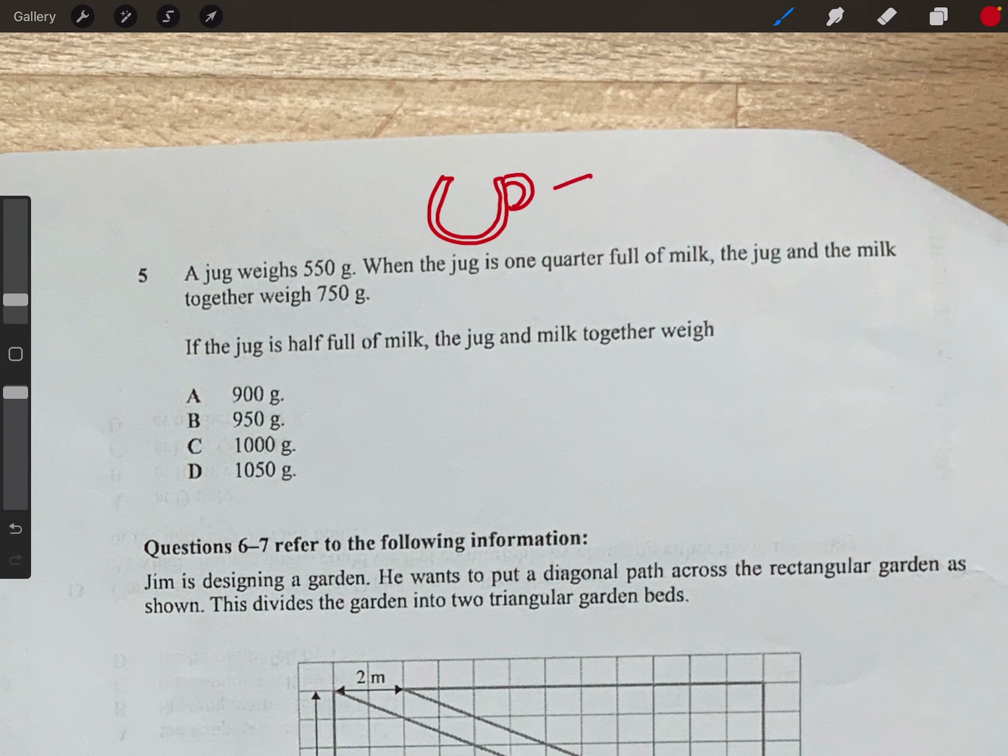The jug by itself is 550 grams. If you fill it 1/4 with milk, it's going to be 750 grams.